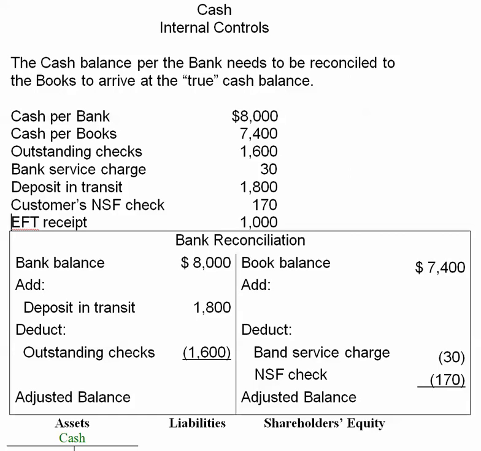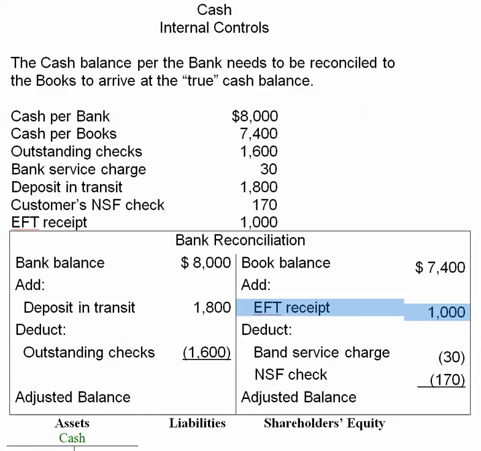With this EFT, the bank has received this $1,000, so it's part of the 8,000. The company doesn't know about it, so now the company has to fix its books. So $1,000 is going to be added to the company's cash balance.